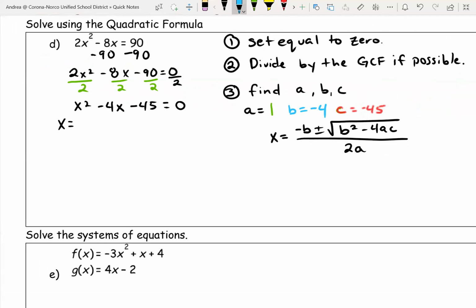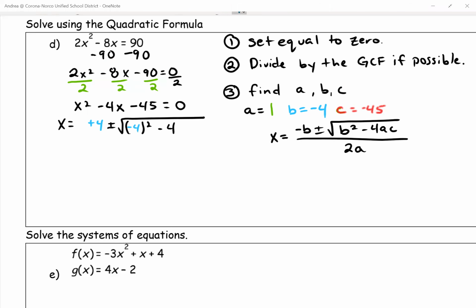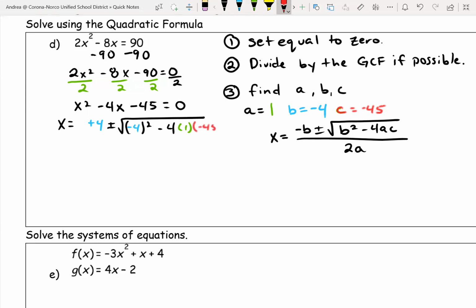When I plug negative 4 into negative b, it becomes positive 4, plus or minus the square root. b squared, so that's negative 4, and then I square it, minus 4 times my a value, which is 1, times my c value, which is negative 45, and it's all over 2 times a, which is 1.